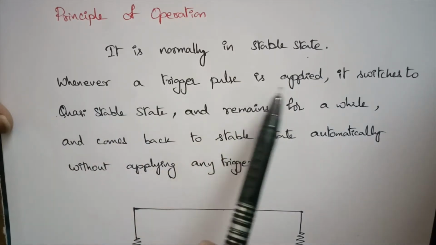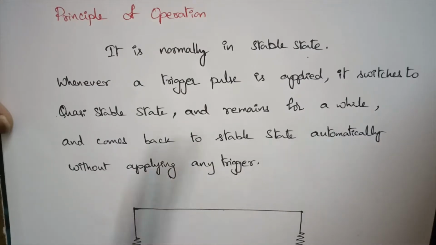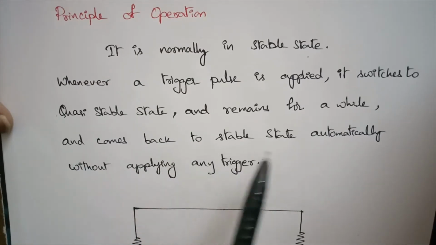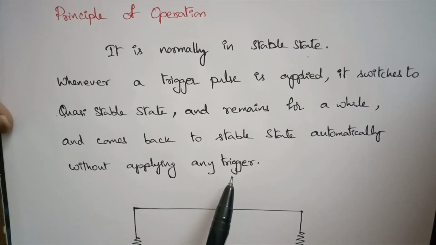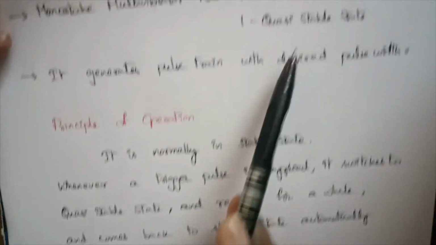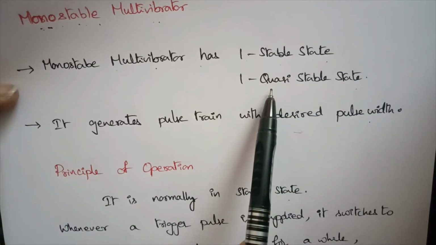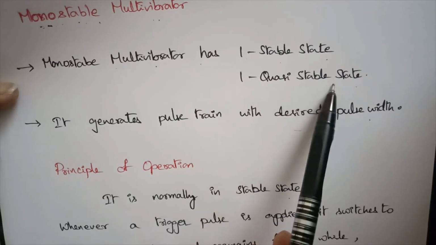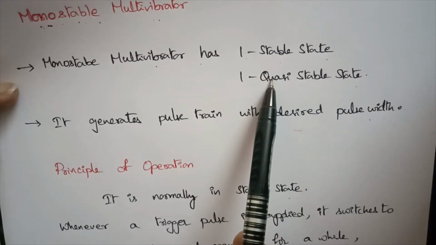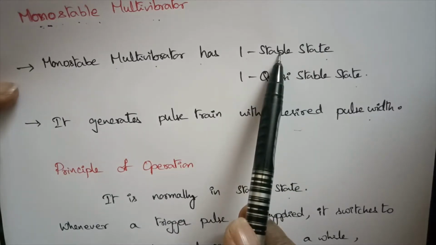Whenever a trigger pulse is applied, it switches to the quasi-stable state and remains there for a while, and comes back to the stable state automatically without applying any trigger. So initially it is in the stable state. To switch to the quasi-stable state we require a trigger pulse, and after some time it comes back to the stable state.